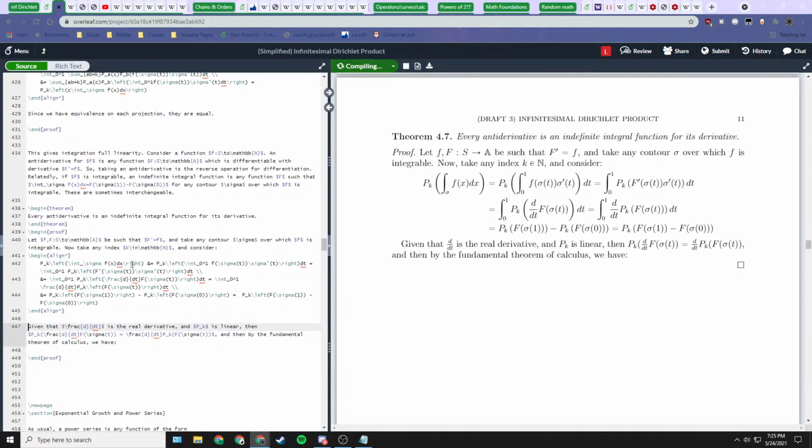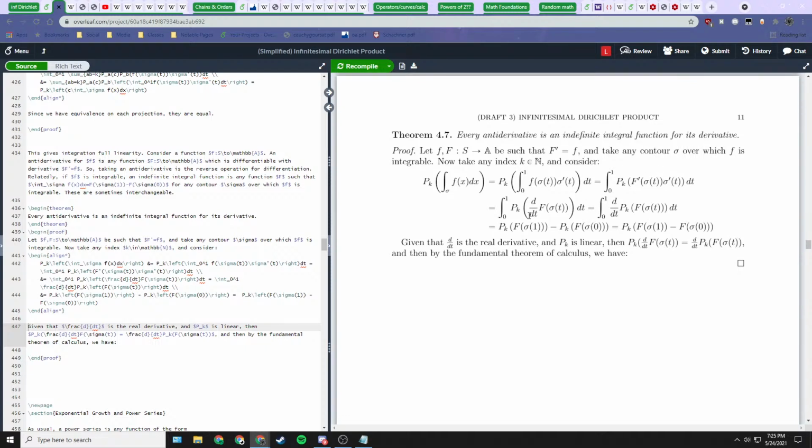So here we have the second line justified by the chain rule, and the third line justified from the fundamental theorem of calculus.